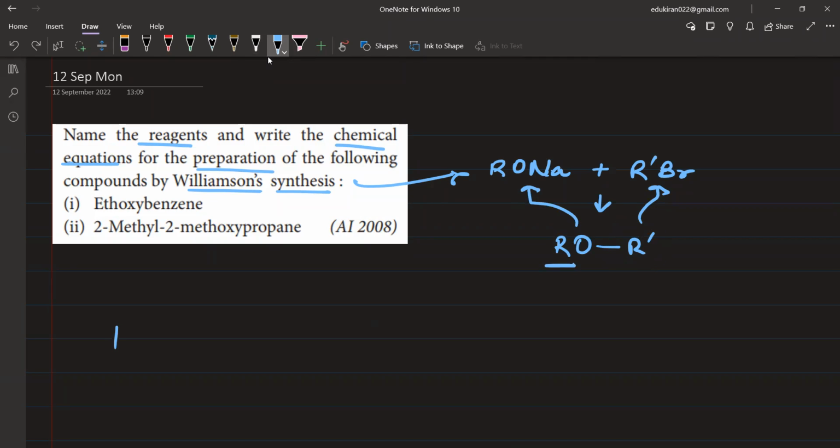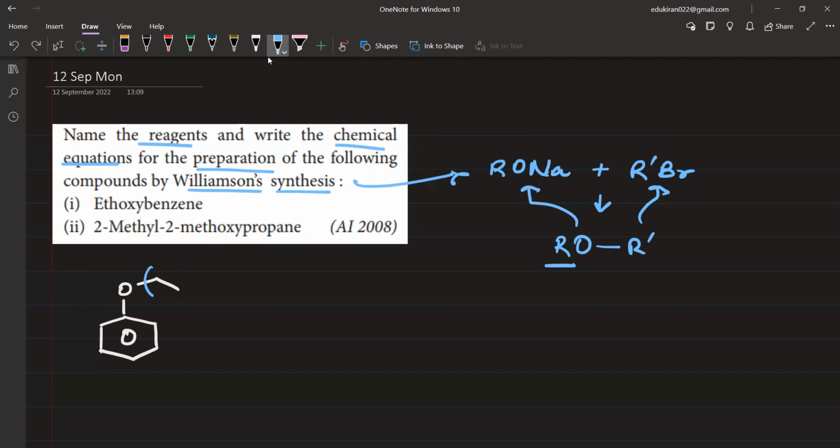That is something that you have to always look at whenever you are drawing an ether and you want to make it from Williamson ether synthesis. So we have benzene connected to oxygen and two carbon atoms. This part here is ethoxy, and this part is the benzene, right? So you have here ethoxybenzene.